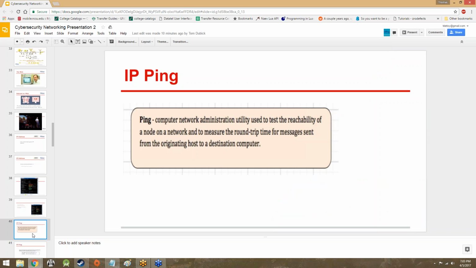So we talked about ping, which is a way for a computer, a host, a node, to test the reachability of another node by measuring the round-trip time for messages sent from the originating node to the destination node and then back to the originating node. It's a round-trip journey.